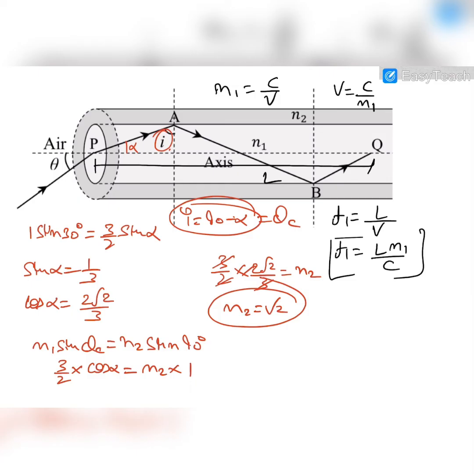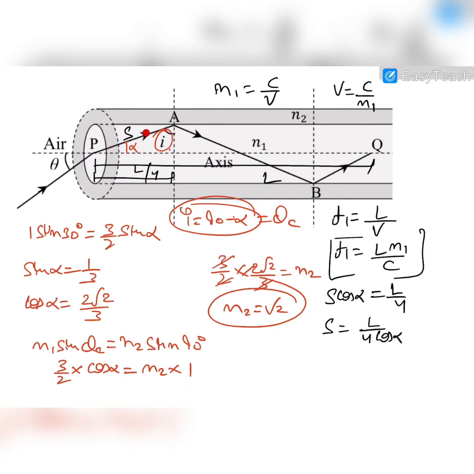And now let us suppose that this distance is S. So we know that S cos alpha into 4 would be L by 4. So S cos alpha is L by 4. So S will be equal to L by 4 cos alpha.